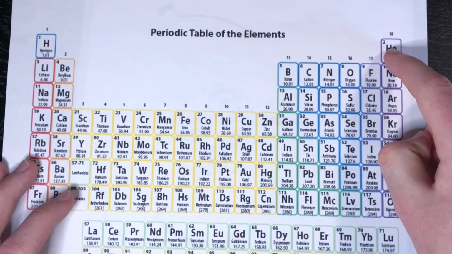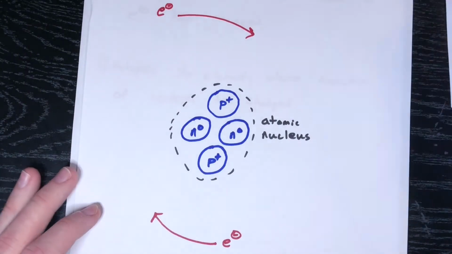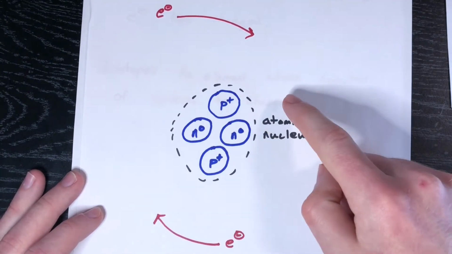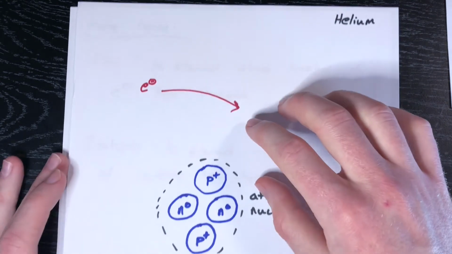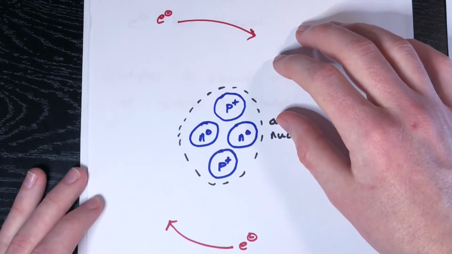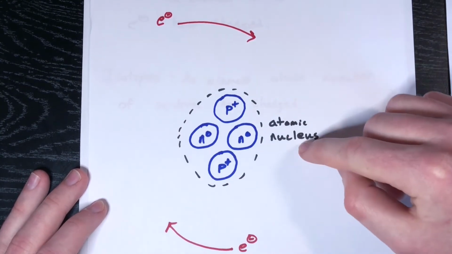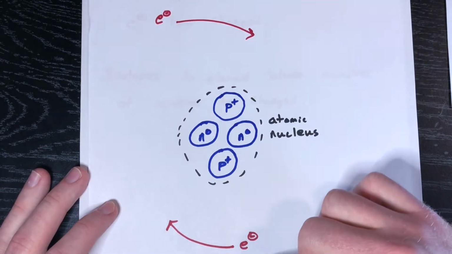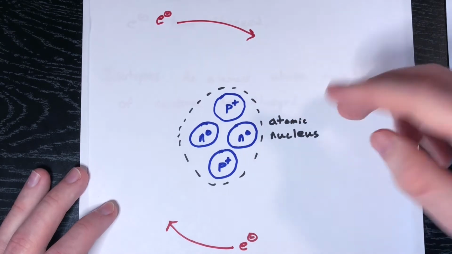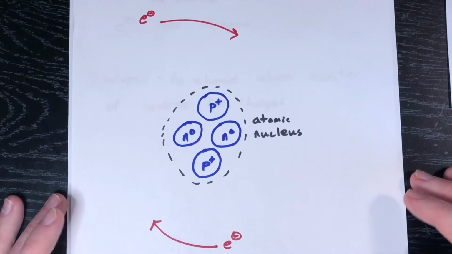That means that the atom must have 2 protons to be helium, and that's what we have here. So in fact, this is a depiction of a helium atom. Then the last thing to notice is it must have no net charge, because the atomic nucleus has 2 protons, that's 2 positive charges, and 2 electrons, that's 2 negative charges. So 2 minus 2, we end up with no net charge. We end up with a 0.